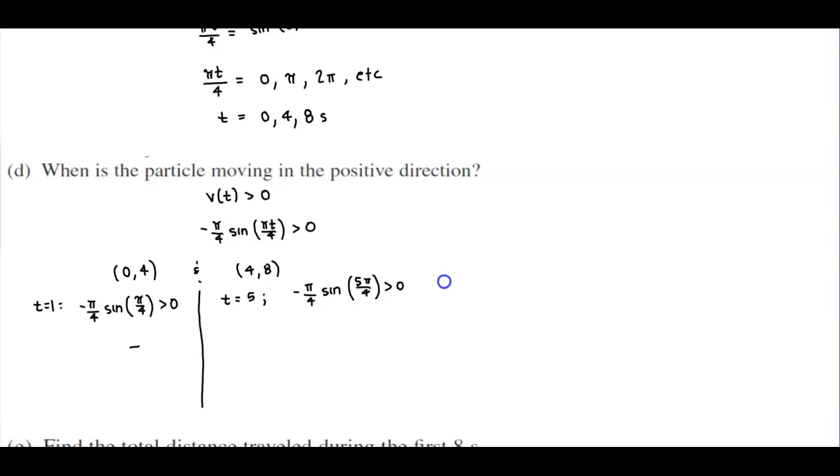So therefore this is true, which gives us a positive result, and this is false. So therefore, when is the particle moving in a positive direction? Well, we saw that it gives us a positive in the interval between 4 and 8, or we can say that t is going to be in between 4 and 8 for when the particle is moving in a positive direction.